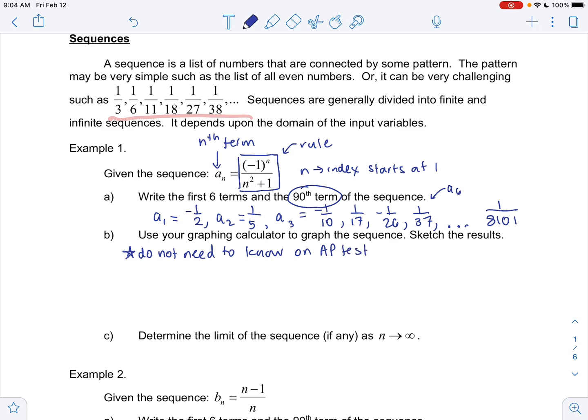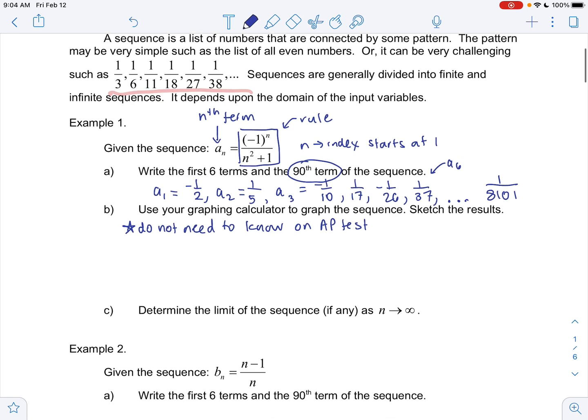I think you can predict what's going to happen as you look at the graph, even without looking at the graph.